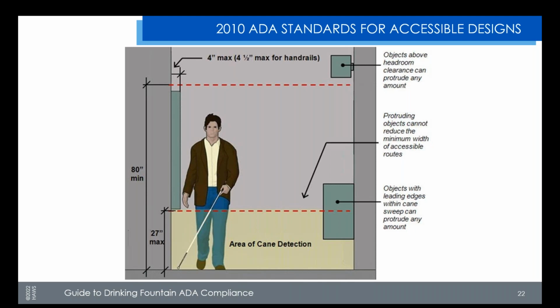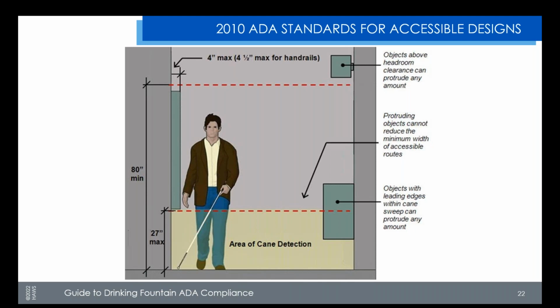And so long as its leading edge is at or below that 27-inch line that's going across there, that element can be detected through the use of a detection cane, and early enough to be avoided and helped prevent potential injury in this navigation. So this fountain and any element, so long as it's meeting the 27-inch requirement, can protrude any amount into this space because it's detectable.